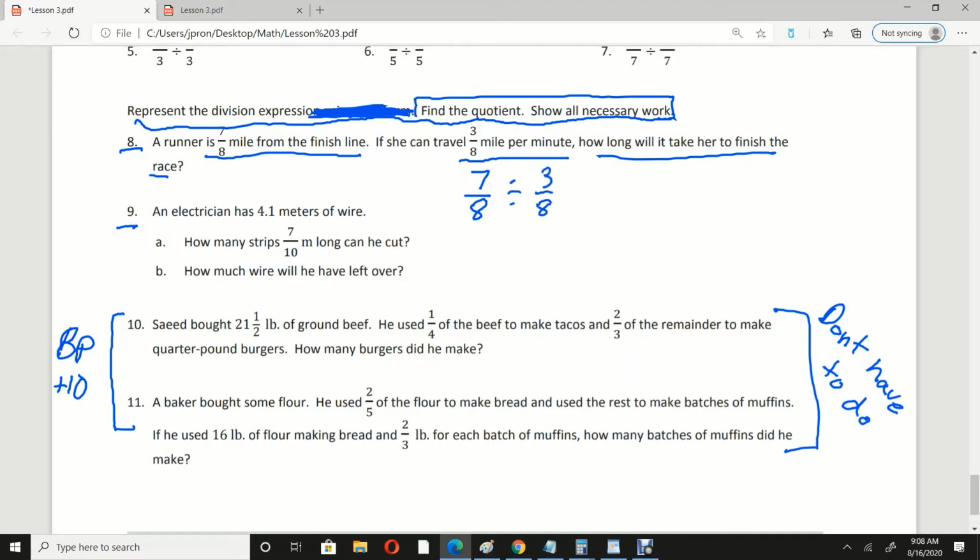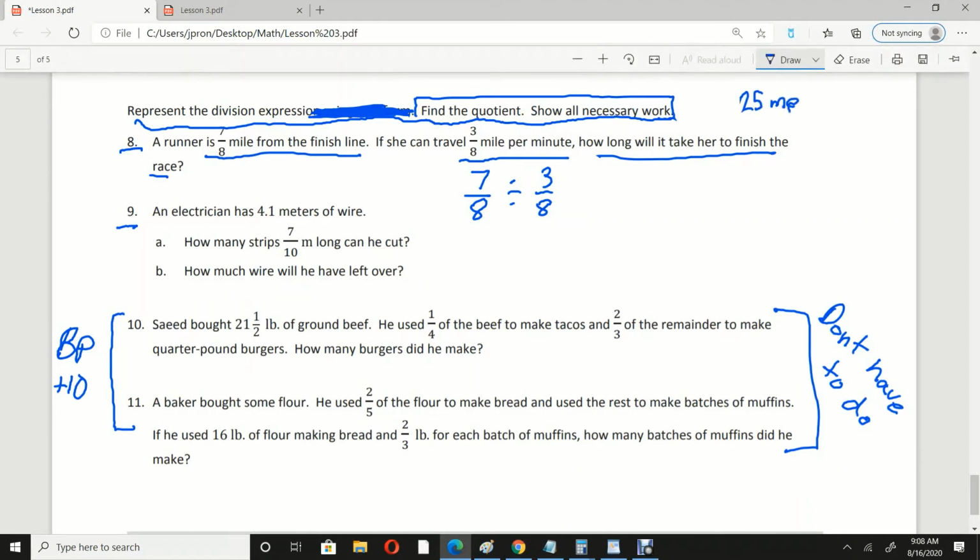And maybe I can use this with whole numbers to maybe show you better. So let's say instead of a runner, there's a guy in a jet. Let's say this guy's got to go 100 miles, right?